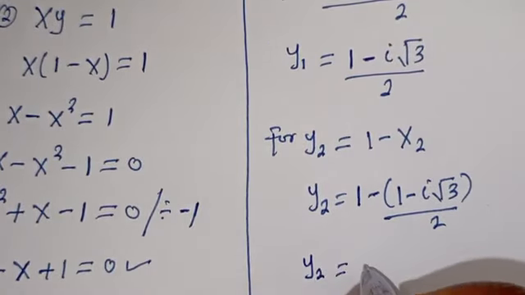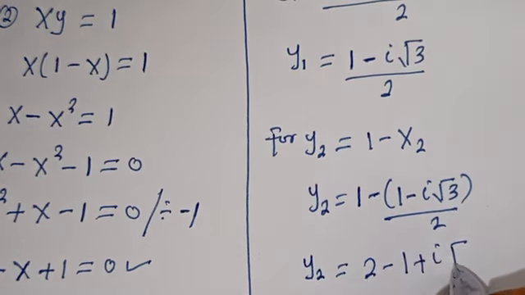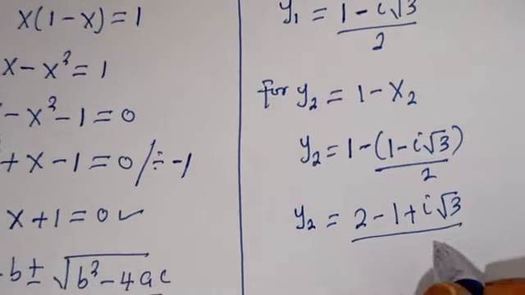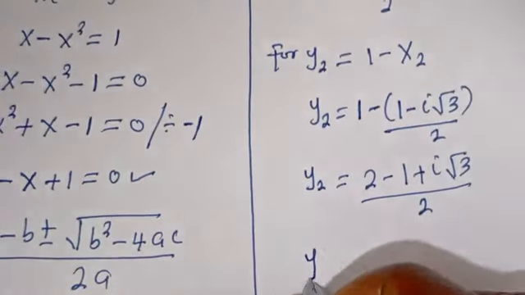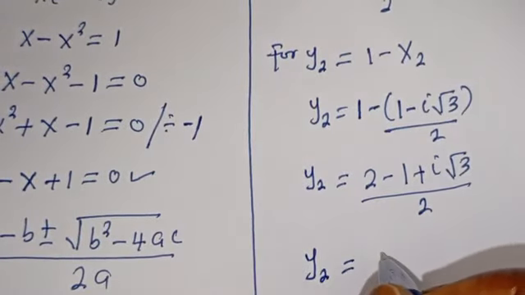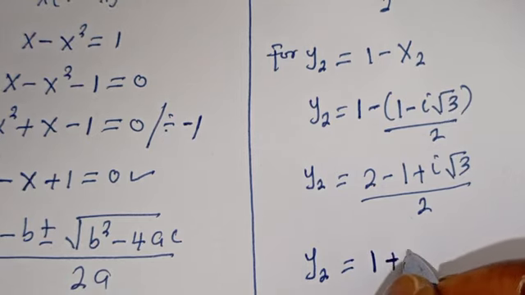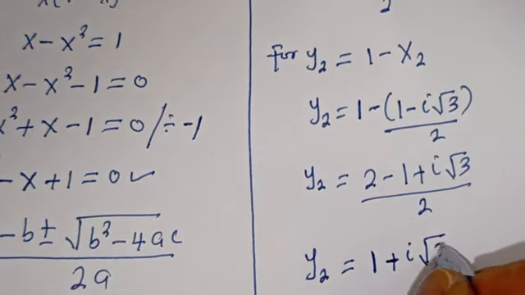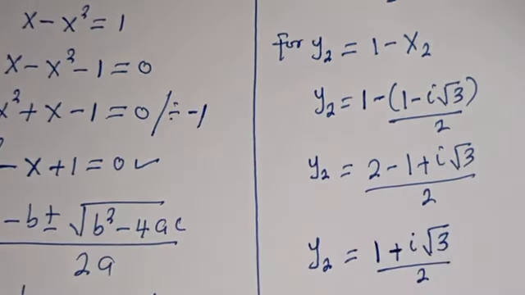Y2 is equal to 2 minus 1 plus i square root of 3 divided by 2. Then y2 is equal to 1 plus i square root of 3 divided by 2.